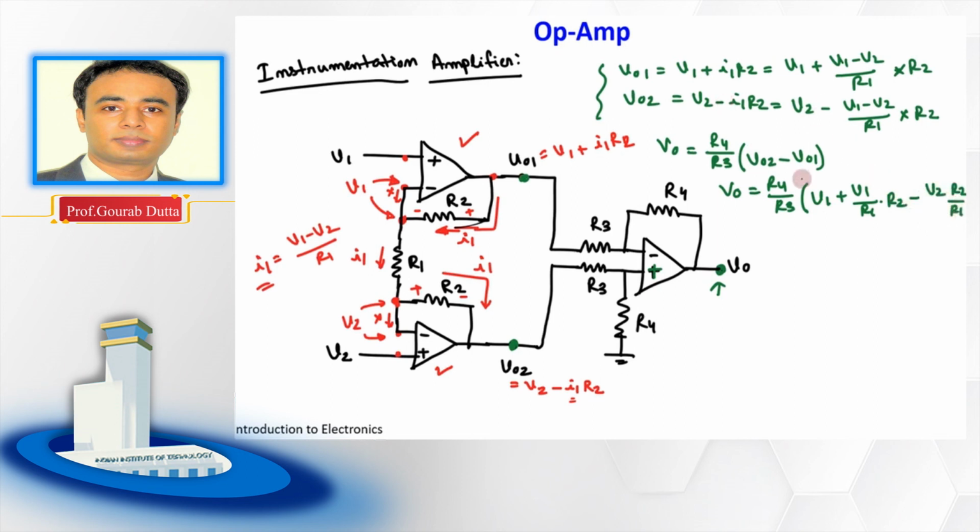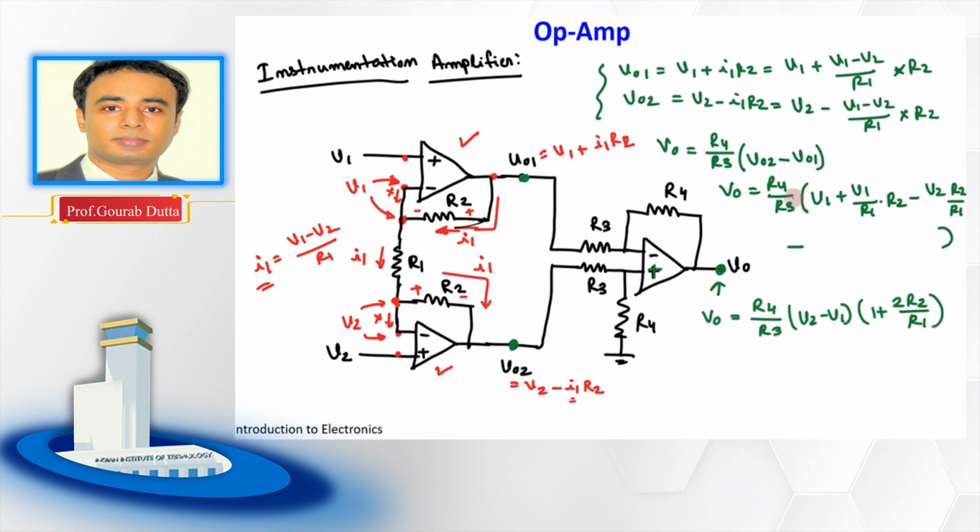Okay, this is this part, right? Then minus of this other part, this VO2. So please do it. If you calculate the total part here, then finally what you will get is that V output is equal to R4 by R3 into V2 minus V1 into 1 plus 2 R2 by R1.